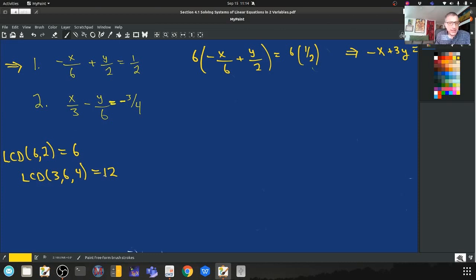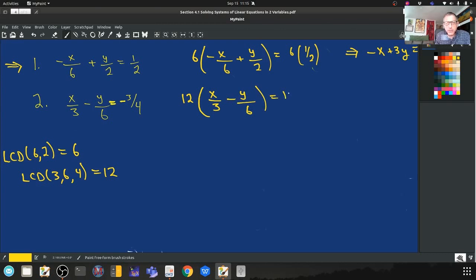The LCD is the smallest number that is evenly divisible by every number in this list. 12 divided by 3 is 4, 12 divided by 6 is 2, 12 divided by 4 is 3, and that's the smallest such number for which this occurs. So you might want to review how to find the LCD. We will review it in the future, but it's going to be in conjunction with a lot of other things, and I will post a video.